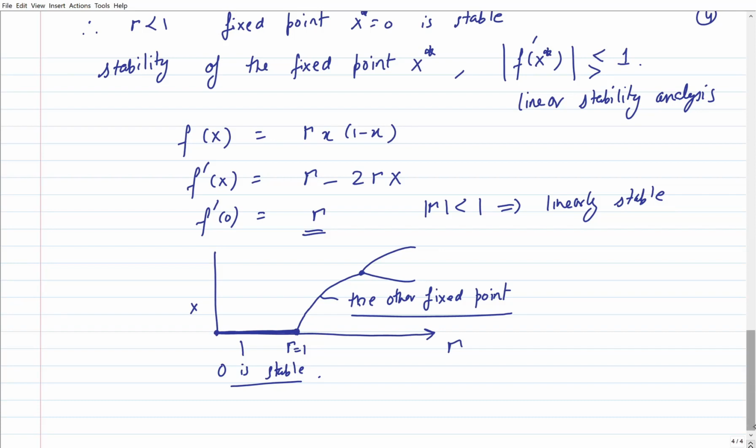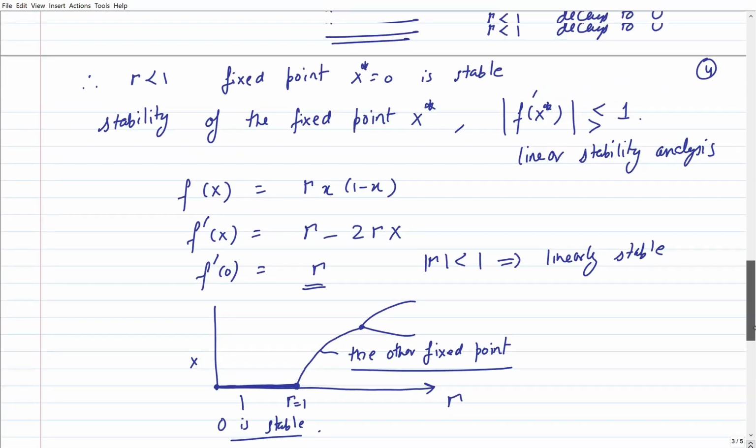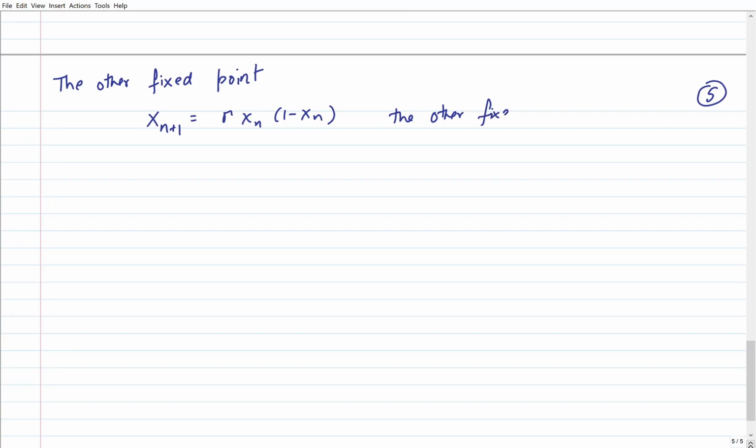Okay, so why don't we look at it? The other fixed point I get by solving this equation.